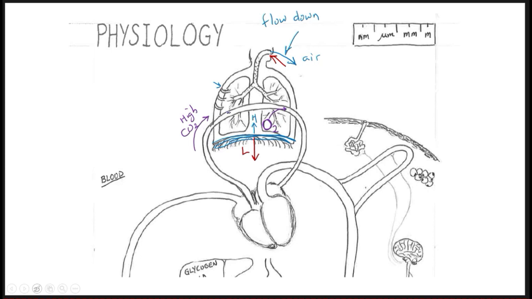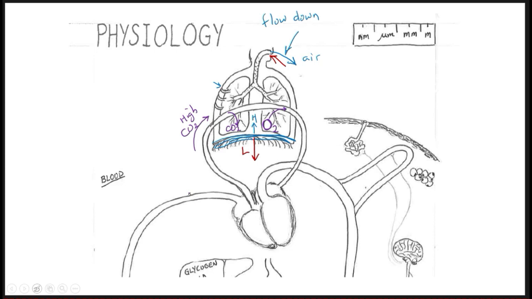So that carbon dioxide is going to leave because this fresh air you just breathed in is low in carbon dioxide. So it goes into those air spaces and gets breathed out. Again, powered by the diaphragm in and out.